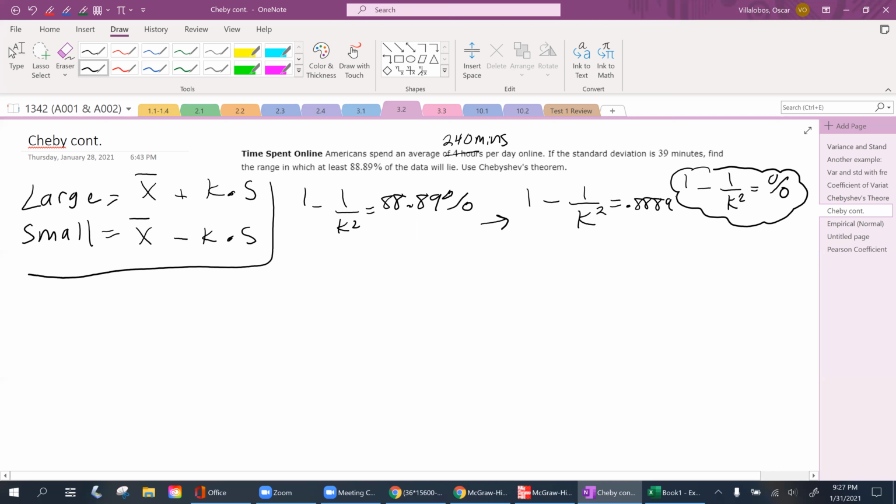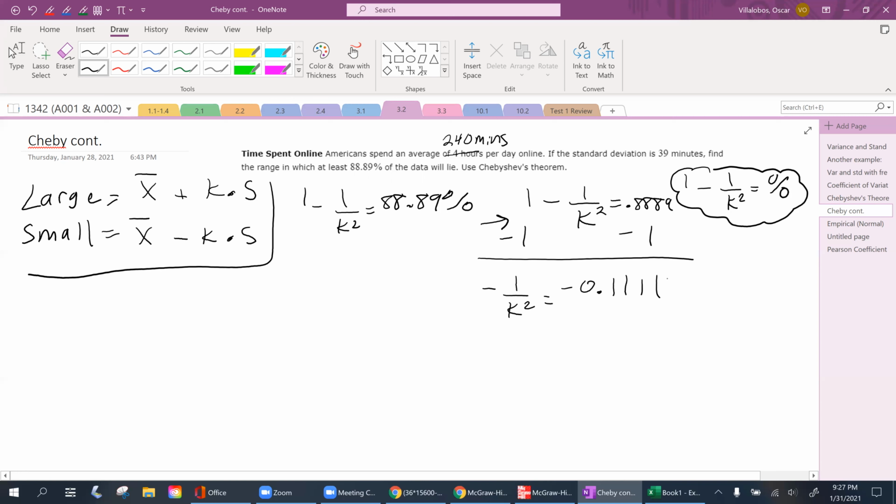Now I want to solve for k. Let me subtract 1 from both sides. This gives me negative 1 over k squared is equal to 0.8889 minus 1, which gives me negative 0.1111.